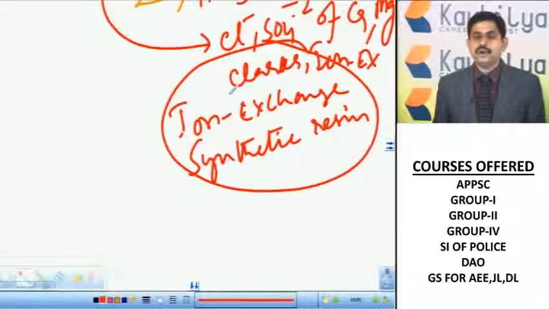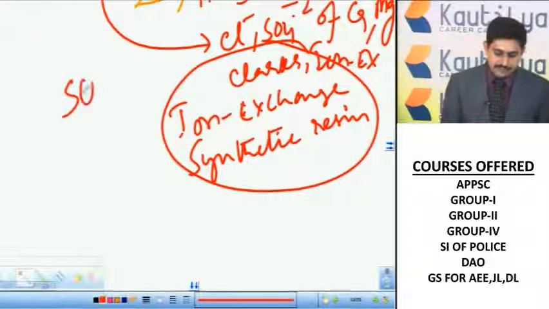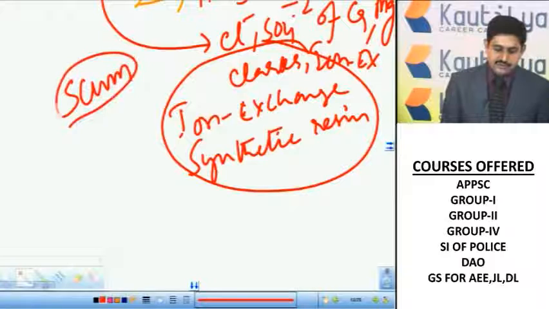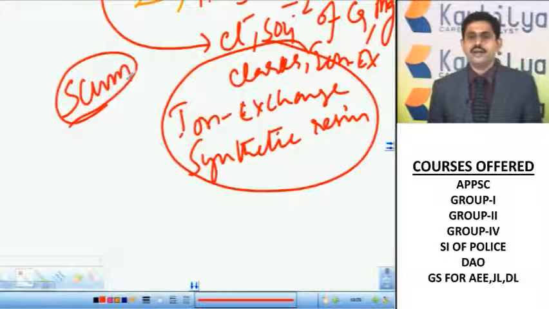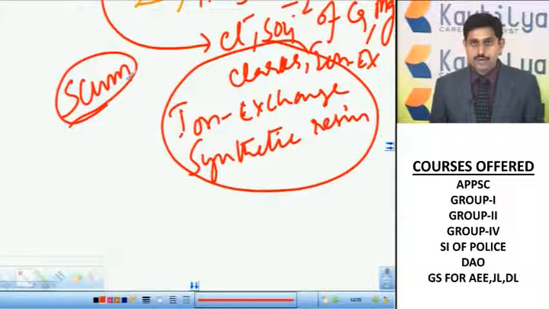If you use hard water for cleaning, there is a formation of scum, a precipitate here and there on the cloth. So hard water cannot be used for cleaning purposes.